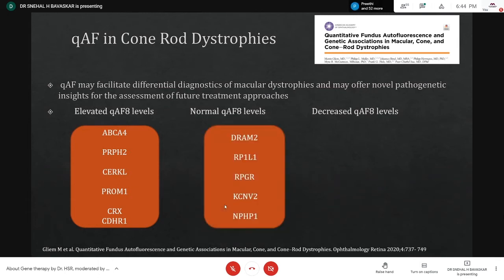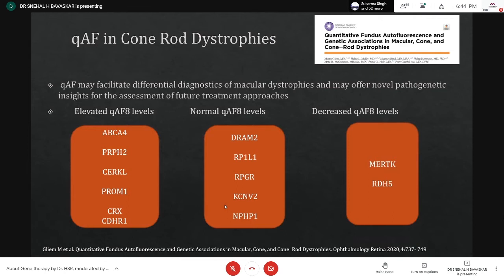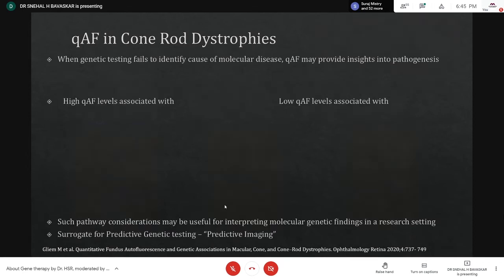There was normal quantitative autofluorescence in these genetic diseases, and MERTK and RDH5 had decreased quantitative autofluorescence levels. When genetic testing fails to identify the cause of the molecular disease, QAF may provide insights into the pathogenesis.